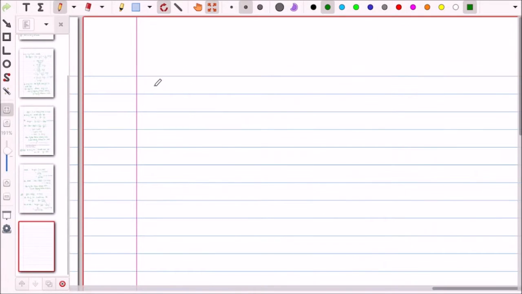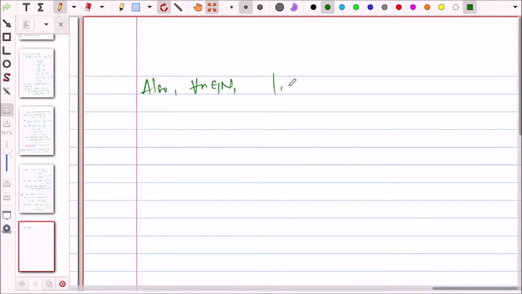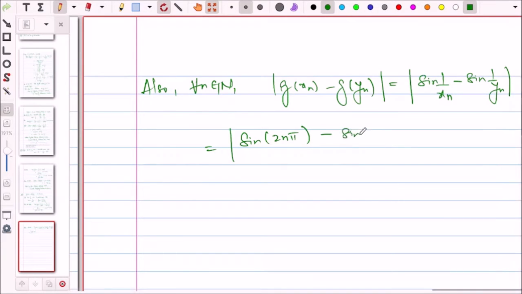Now consider, also for all n belonging to N, g of xn minus g of yn, which is equal to sine 1 by xn minus sine 1 by yn, which is nothing but sine 2n pi minus sine of 2n pi plus pi by 2.